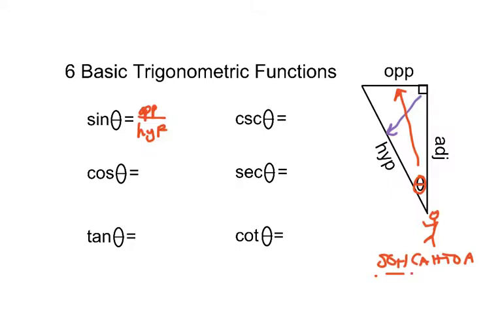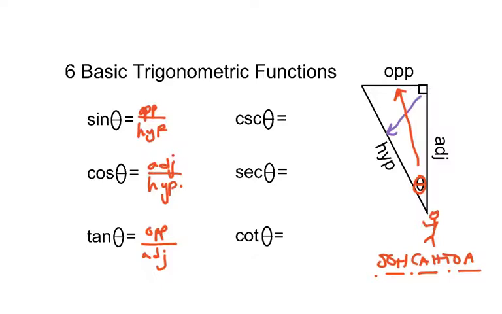Cosine has C next to the A and the H, so that means adjacent over the hypotenuse. And then tangent is next to an O and an A, and so that gives us the fraction of opposite over adjacent.